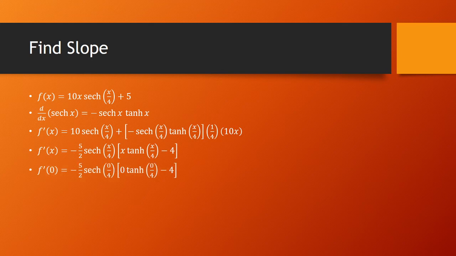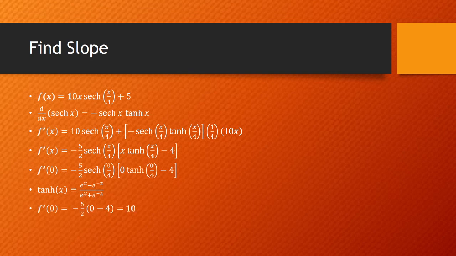In order to find the slope, I have to plug in x equals 0. So for everywhere I see x, I want to plug in 0. So hyperbolic secant we talked about in the previous slide, that's just going to be 1. So hyperbolic secant of 0 is just 1. But for hyperbolic tangent, that's e to the x minus e to the negative x over e to the x plus e to the negative x.